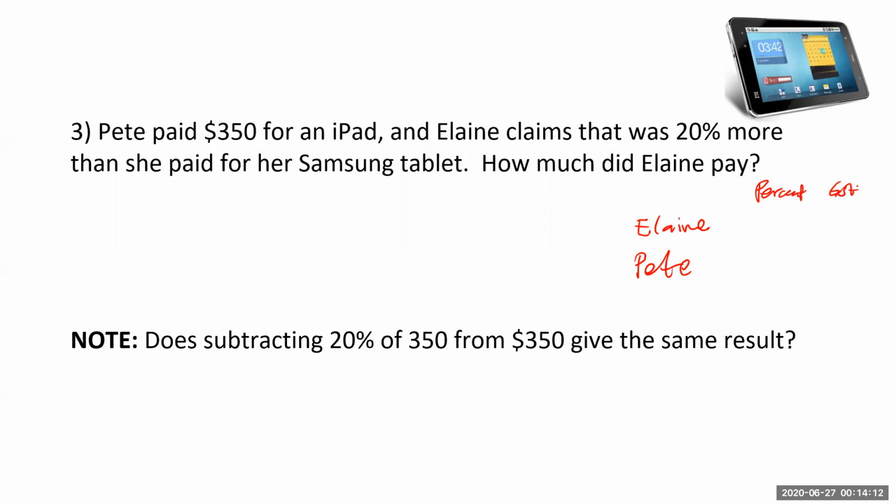So Pete paid $350 for an iPad, and Elaine claims that was 20% more. So he claims this amount was 20% more. So we have to add that to 100.